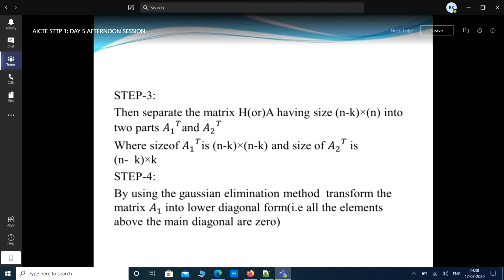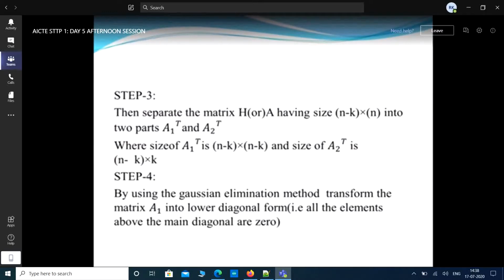One is n minus k by n minus k, and the other is n minus k by k. Whether the parity check matrix is given or generated, it is divided into 2 matrices.